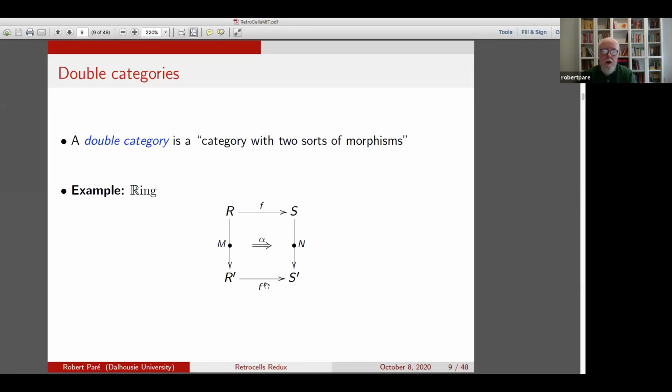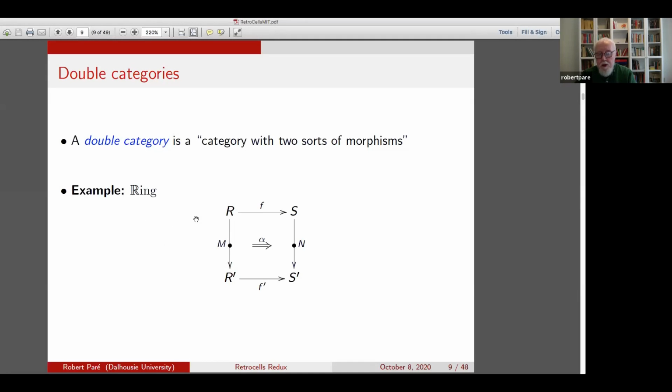Here there are two kinds of morphisms between rings that you can consider. You can consider homomorphisms, so that's an f here from R to S, or you can consider bimodules. And these are not really unrelated.